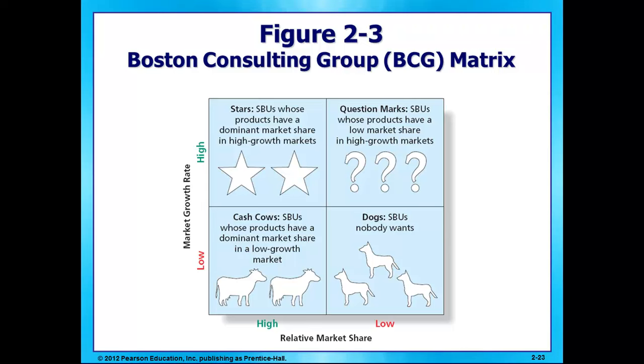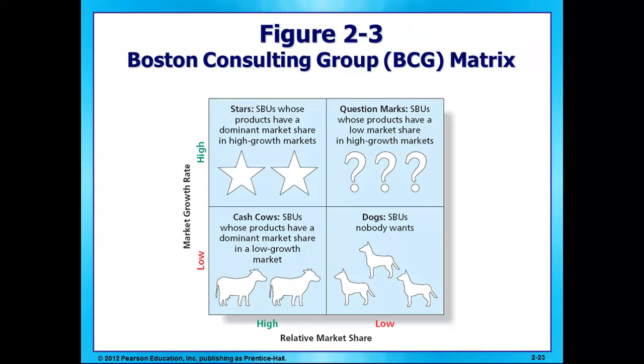What this means from a company's perspective is that high growth markets require very high investments in order to maintain the company's high market share. And inevitably, as the market growth rate slows over time, a company's stars will become its cash cows of the future, assuming it maintains its high market share position.